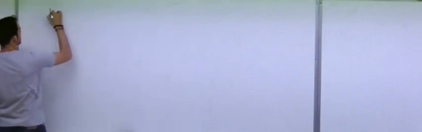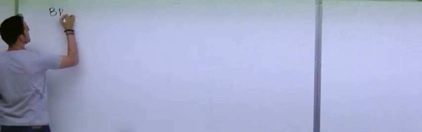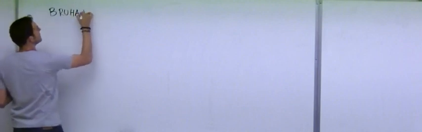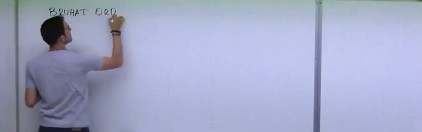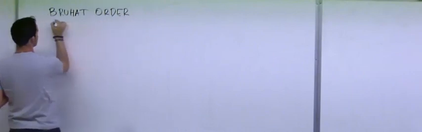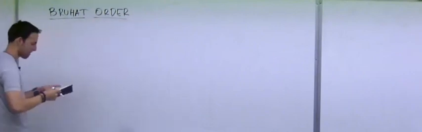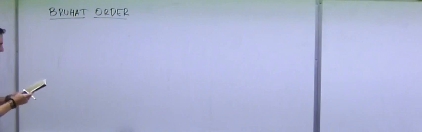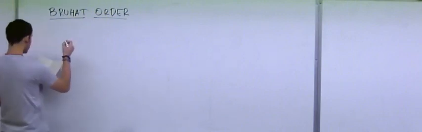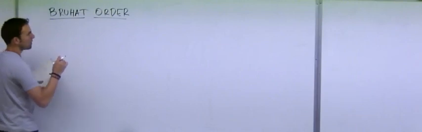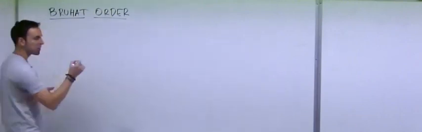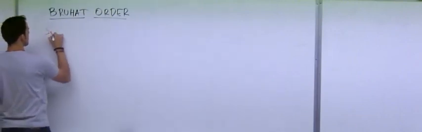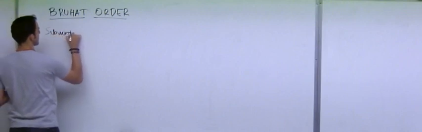So today, we're going to keep talking about the Bruhat order. Now, in the last class, I showed a very useful characterization of the Bruhat order, which is the subword characterization.